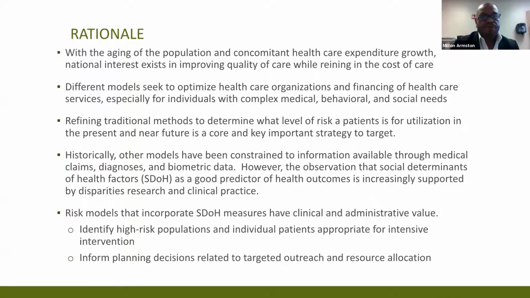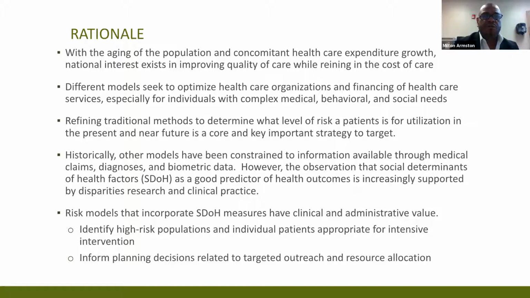So the rationale for why Community Health Net is invested in using risk stratification and the inclusion of social determinants of health in predicting our at-risk patients. Definitely with aging of the population and an increase in healthcare expenditures, nationally there is recognition that there needs to be improvement in care, but also being able to keep costs down.